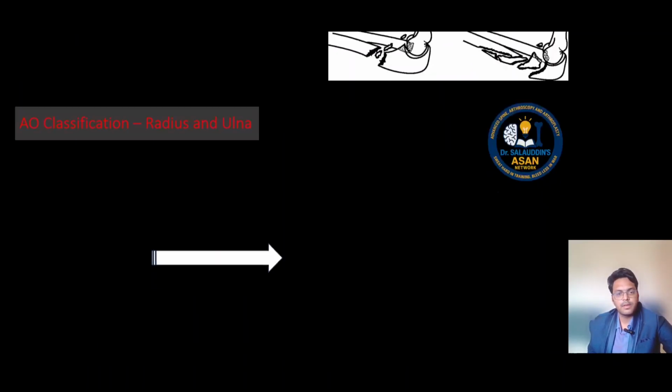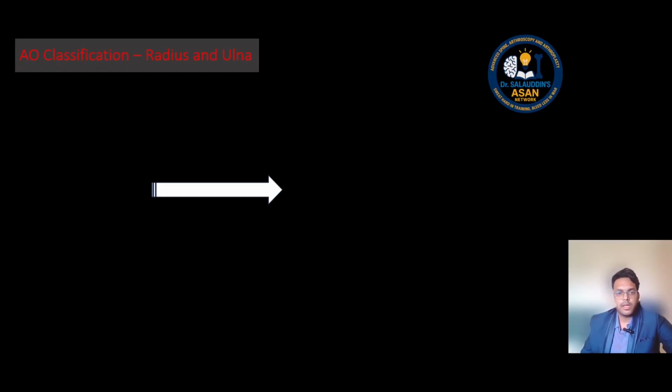Okay. Now coming to the AO classification of radius and ulna. Can anyone tell me what is the number for radius and ulna? What is the number for humerus? In the previous videos we have told you the number for humerus. Humerus is 1.